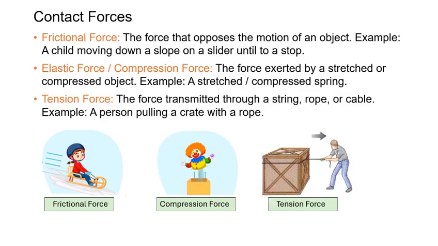The other one is the tension force, the force that is transmitted through a string, rope, or cable. Please note that in all three examples, the object that is applying the force is touching the other object on which the force is acting.